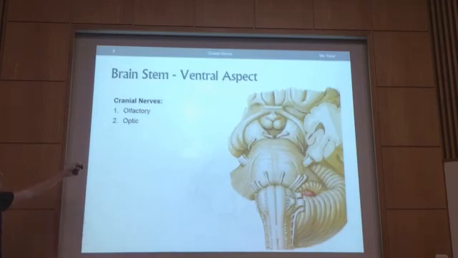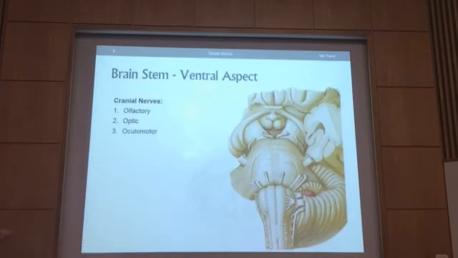And the optic nerve is a part of the diencephalon, and it goes directly to the thalamus. And all the other 10 cranial nerves are going inside the midbrain or leave the midbrain. Obviously, the information in the cranial nerves can be both afferent or efferent, inside the midbrain or outside of the brain.